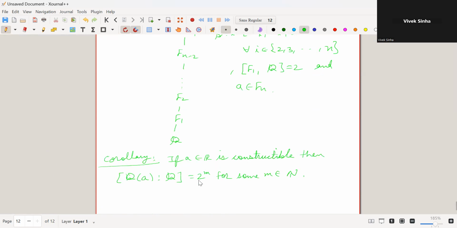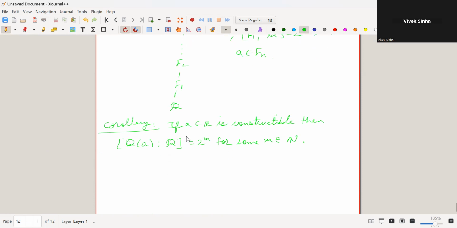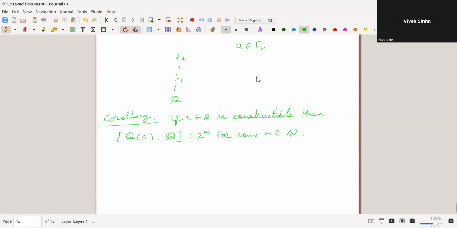It doesn't mean that if the degree is 2 raised to m, then the number is always constructible. For example, this is for R, otherwise I would have said you can take a to be iota, but there can be degree 2^m extensions for which a is not constructible. You have to find the tower in that case.